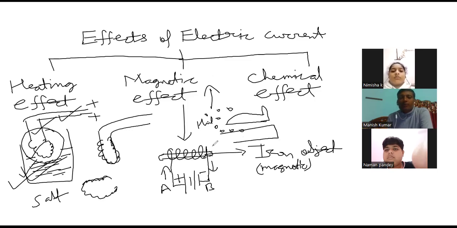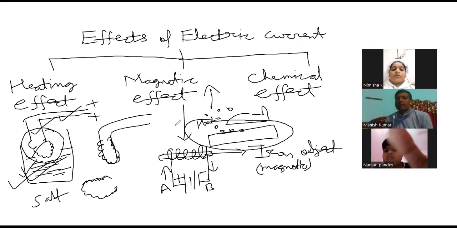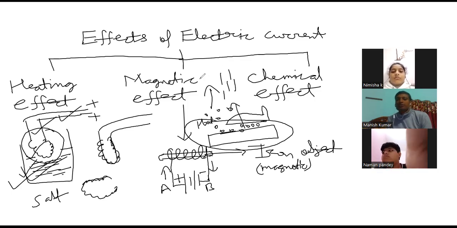The cloth which you are pressing also turns very hot. If you are touching it, it is very hot. The ambient temperature of this area becomes hot. Is that not a chemical change? If there is a water droplet here, it becomes water vapor and goes above. Is that not a chemical change? So there are a lot of chemical changes. Whatever is happening in the surroundings changes. That all comes under chemical effect.